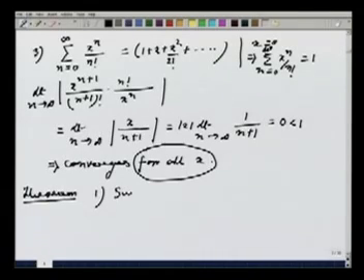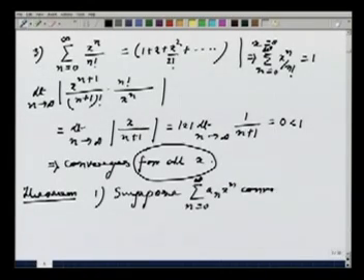Suppose summation n from 0 to infinity a n x to the power n converges for x naught, a particular point.